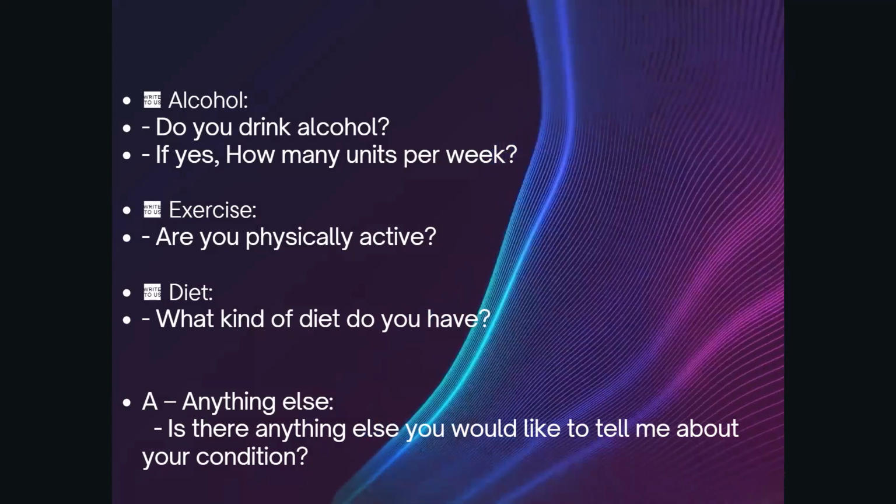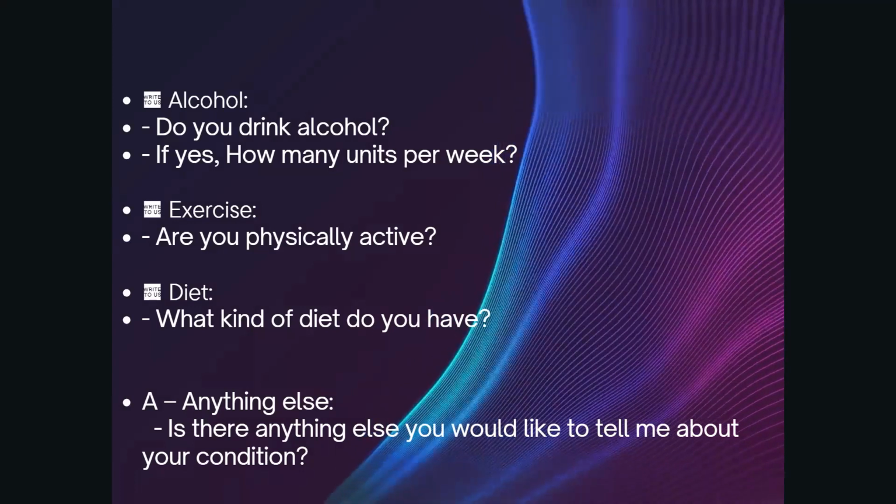Does anyone know how many units of alcohol per week shouldn't be exceeded in the UK? So the maximum amount of alcohol per week in the UK shouldn't exceed 14 units for males and females.